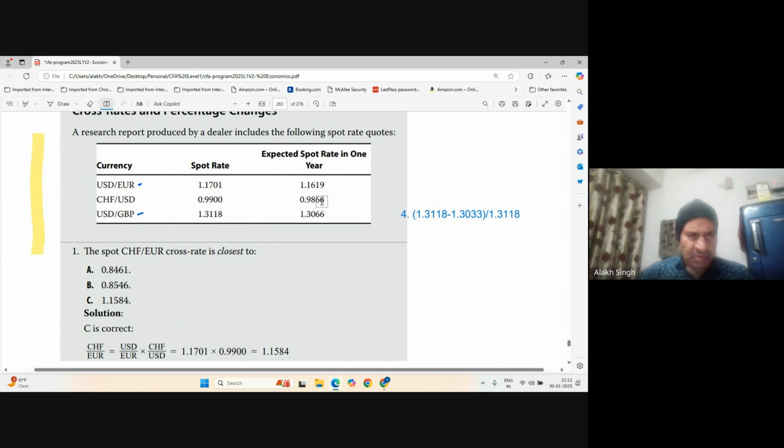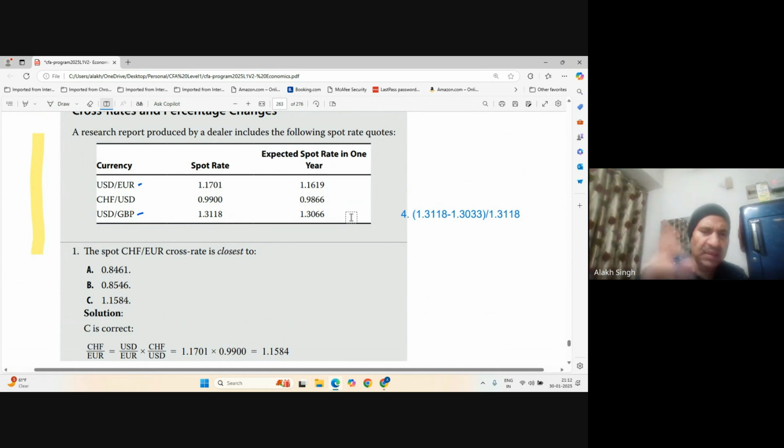And what about euro? Okay, let's see. How much is the appreciation? Here Swiss franc appreciation is how much? 0.34 divided by 0.99 means 0.35%. It is actually 0.0034 divided by 0.99.